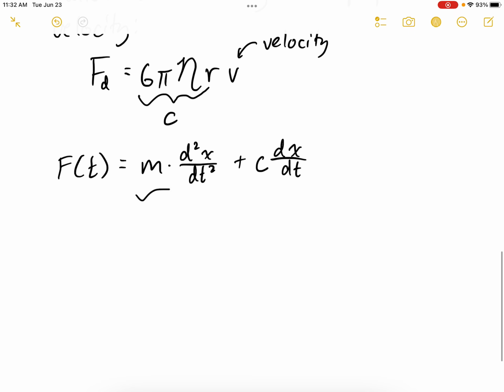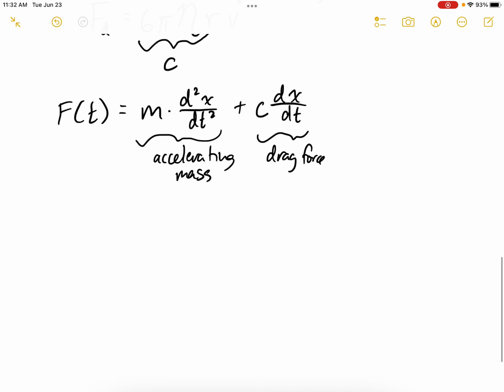So we now have our accelerating mass and now our drag force. But now, if we really think about it, the actual damping comes a lot, if we recall this picture, from the fact that this is made of a lipid membrane.